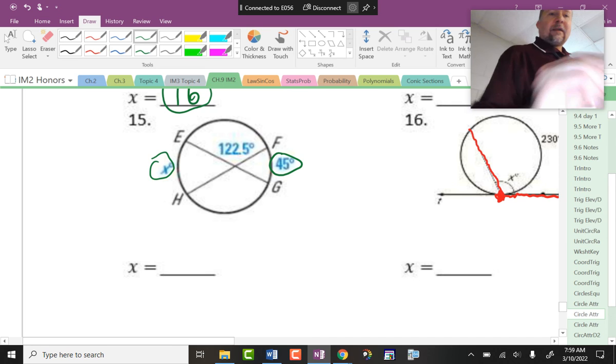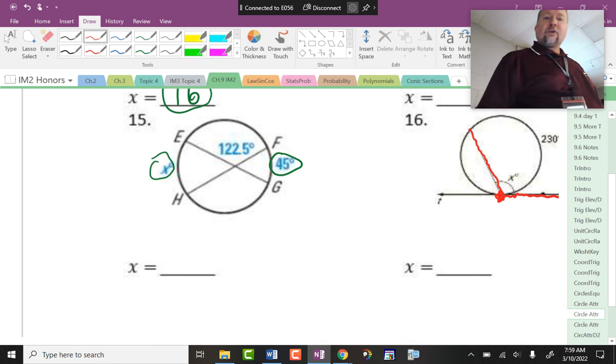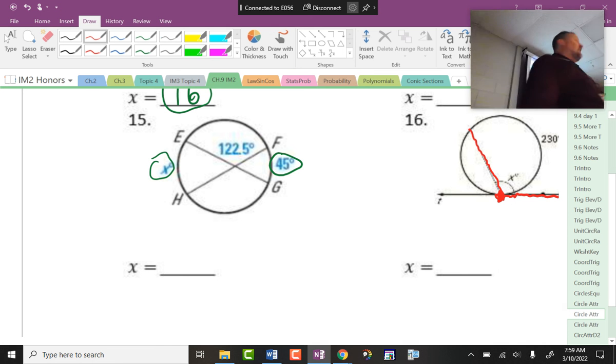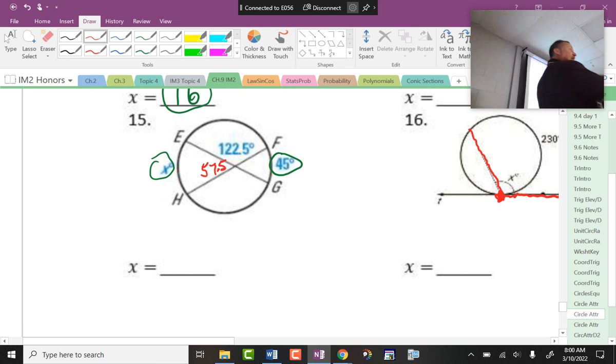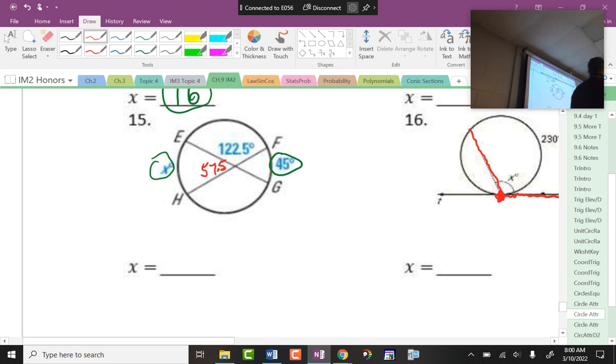So let's see. 60 would be too far, so 57.5. So exercising that big idea about that being a straight angle, and those should be supplementary there. All right.